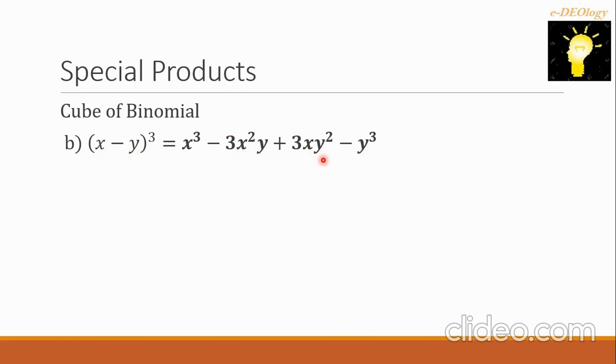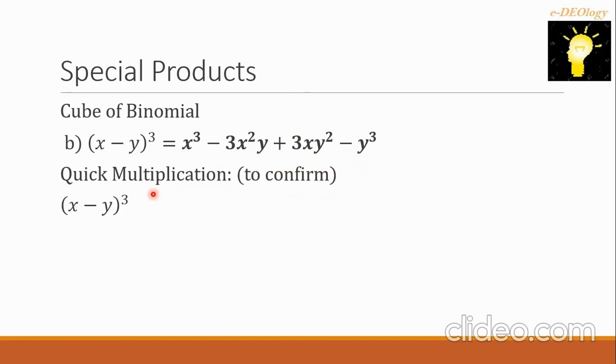This is the y to be squared in here. And then minus the y is raised to 3 also in the last term. So take note also that in the special product, we have alternating signs from positive to negative to positive and negative.